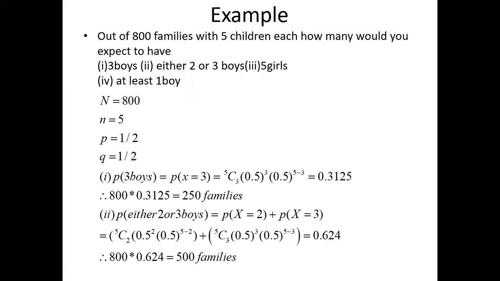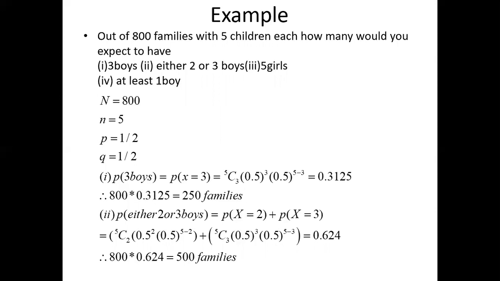Now we'll move to another example. Out of 800 families with 5 children each, how many would you expect to have: first, 3 boys; second, either 2 or 3 boys; third, 5 girls; fourth, at least 1 boy. First of all, I'll take the 800 families, so capital N equals 800.